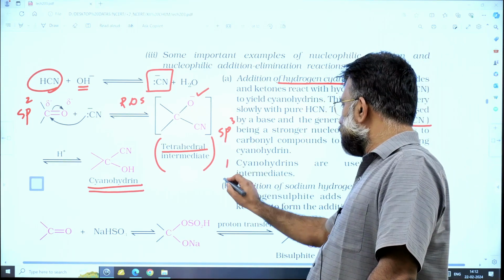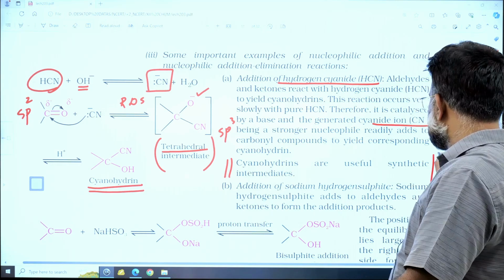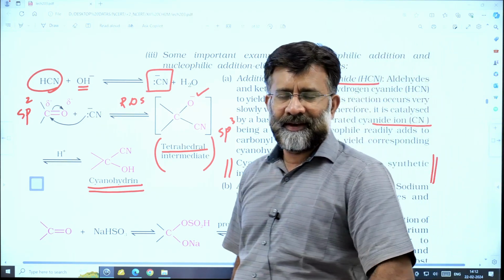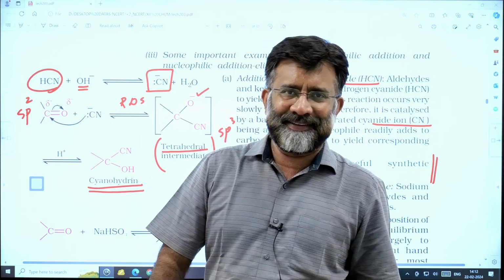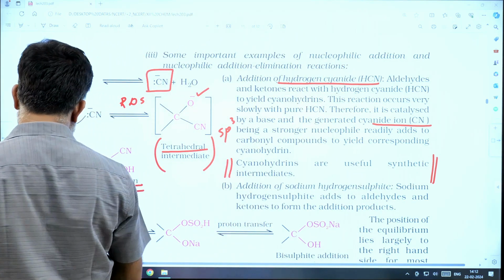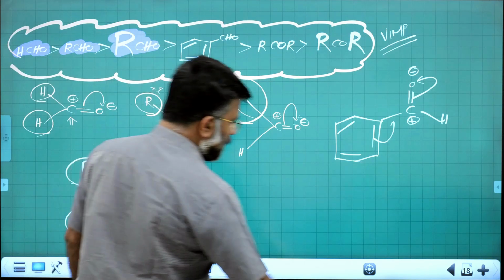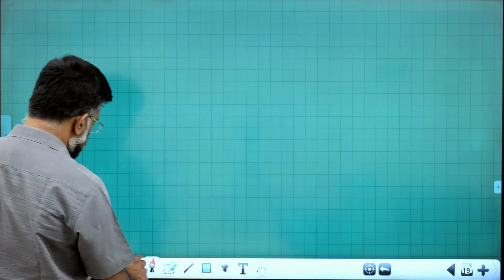It is also commented that cyanohydrins are useful synthetic intermediates. How are cyanohydrins useful synthetic intermediates? You look at the cyanohydrin.